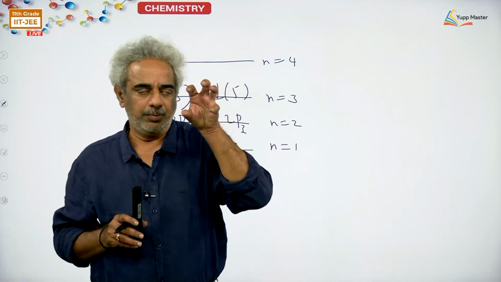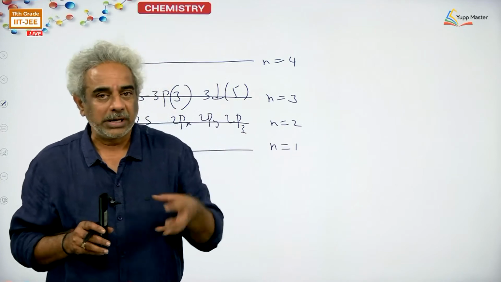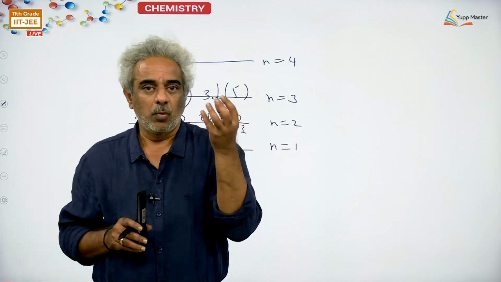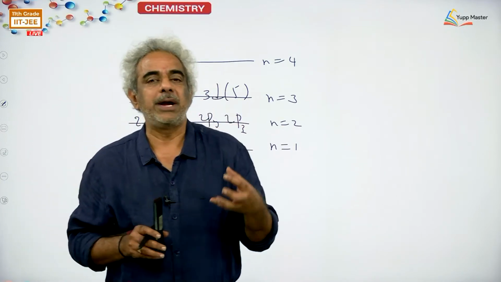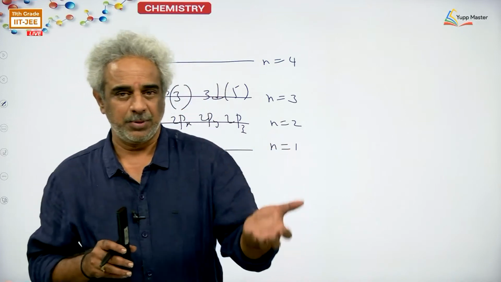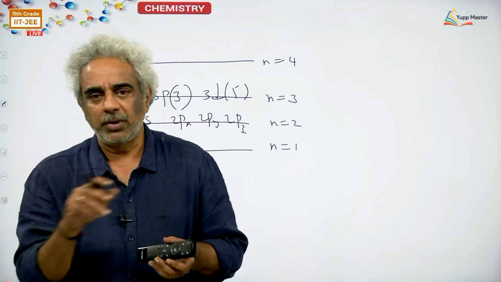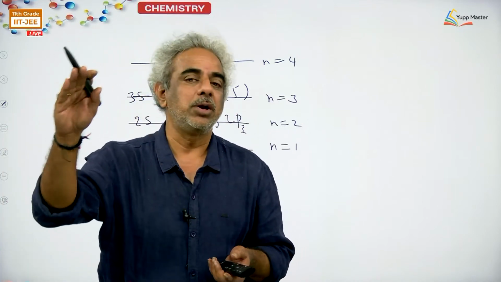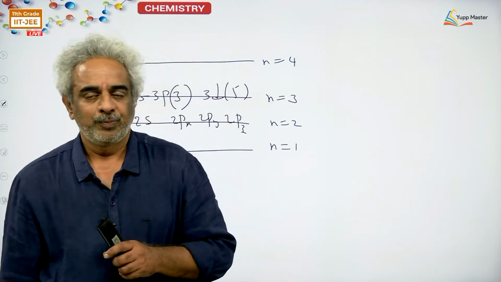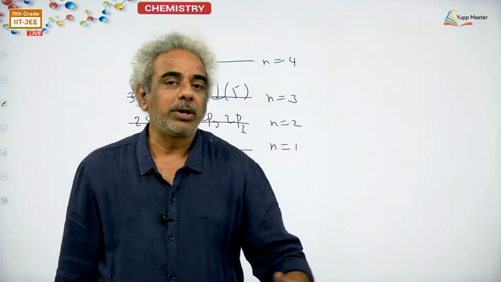It is the region around the nucleus where the probability of finding an electron is maximum. At least 95% probability should be there in one particular region to call it an orbital. The electron spends more time over there.